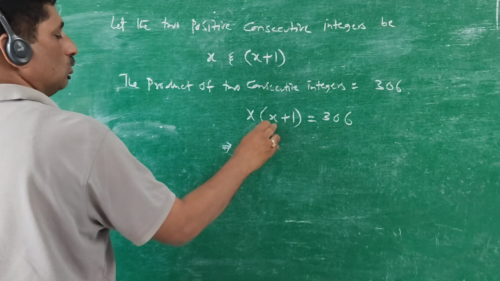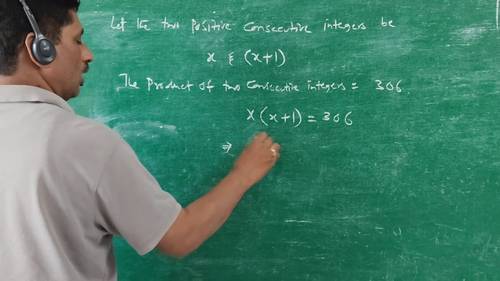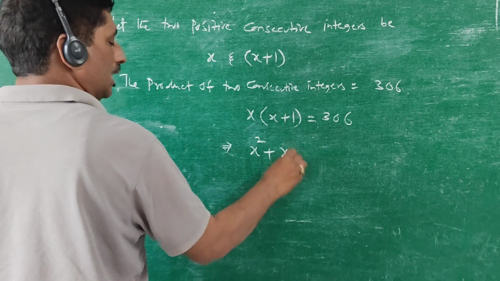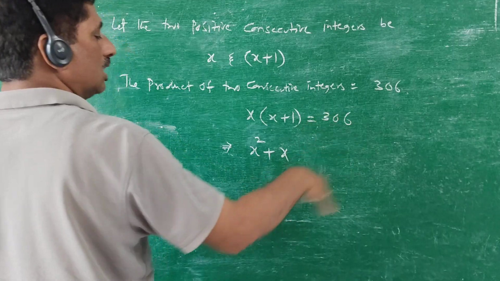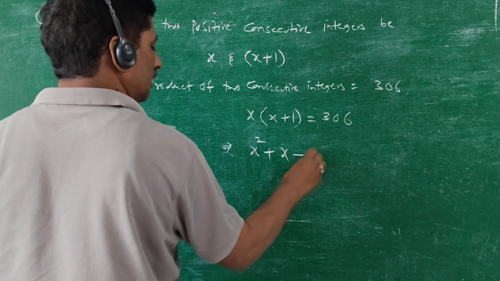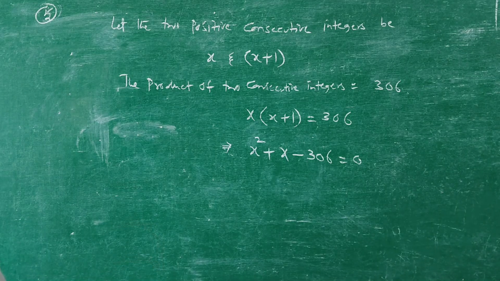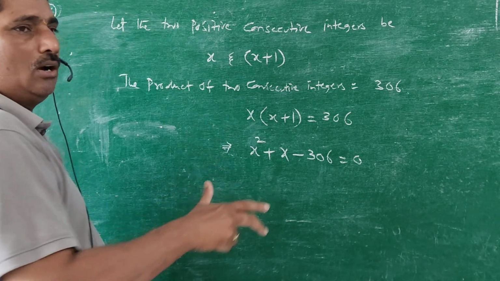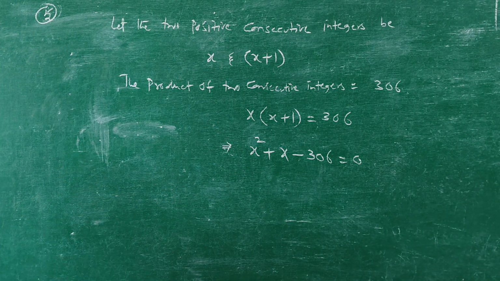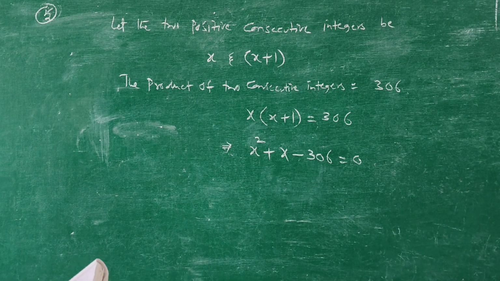Then multiply these two terms: x into x is x square, plus x into 1 is x, and 306 we transpose to the right side, so it will be minus 306, equals 0. Of course it is a quadratic equation. We just have to make that situation into quadratic equation form. That's it. It is a 2 marks question, right?